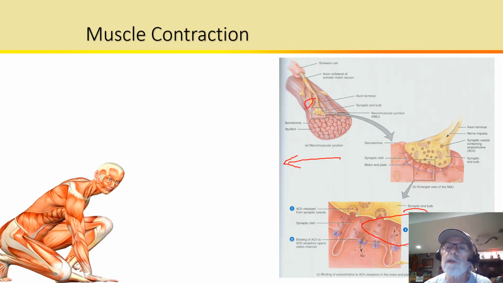There's a blown up picture of that motor end plate, and all those little areas in here are the areas with the acetylcholine that become released into that synaptic cleft, that stimulate and activate the receptors on the sarcolemma that cause that action potential to be produced, okay?